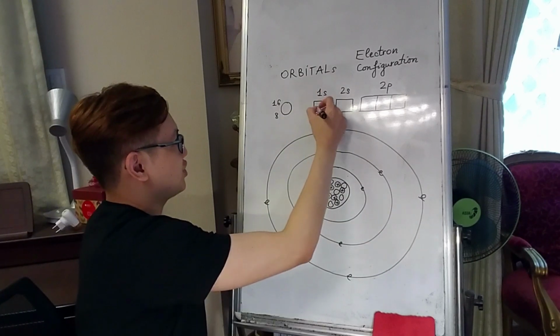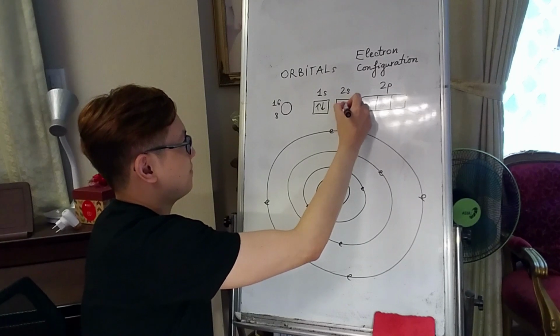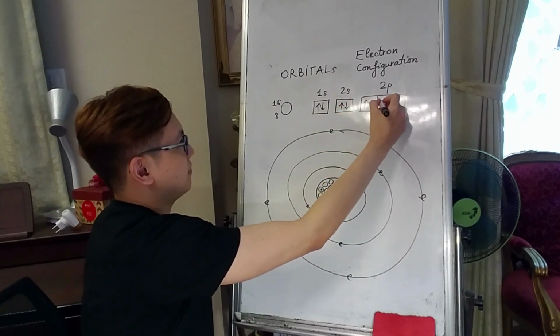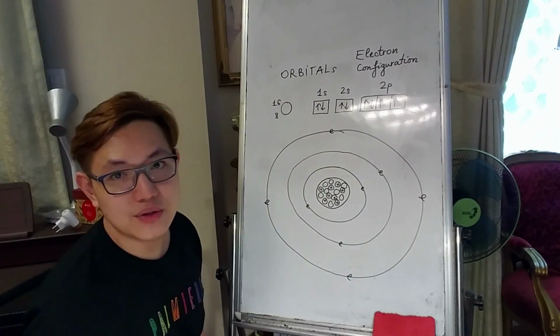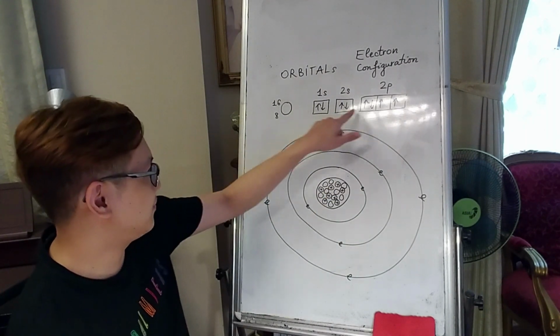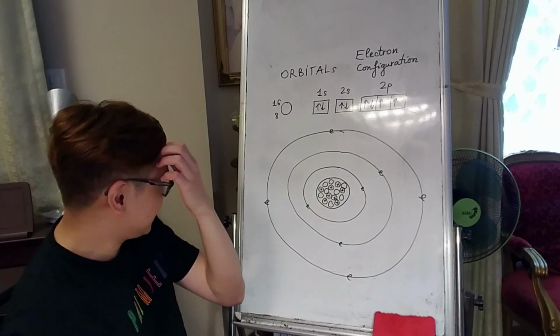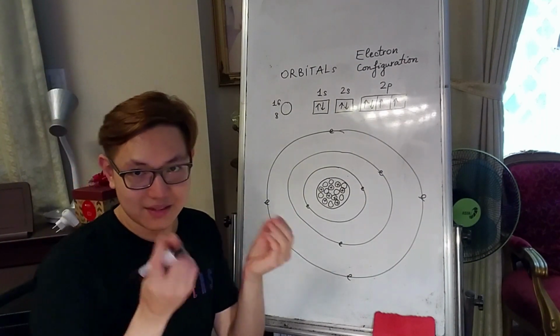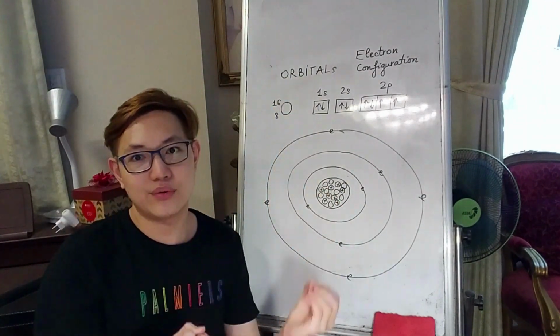In the first shell, you have 2 electrons, up and down. I'm going to tell you the rules on how to fill this later. But now one thing: electrons are negative, and as you know, negative and negative don't go together in one direction.